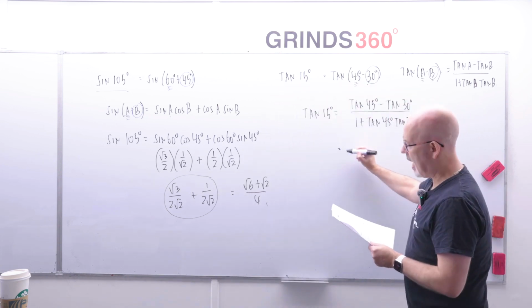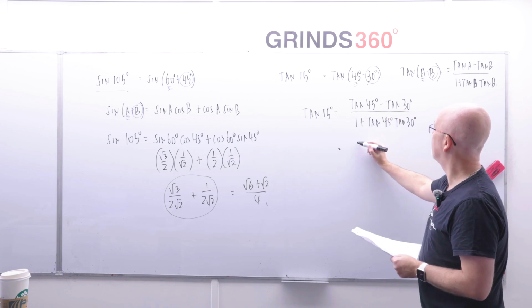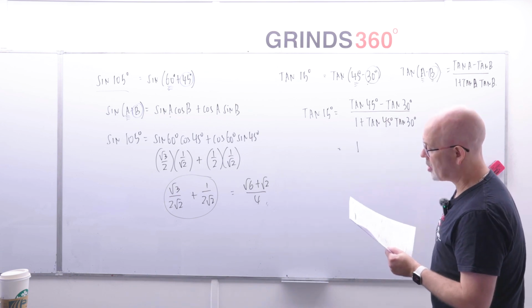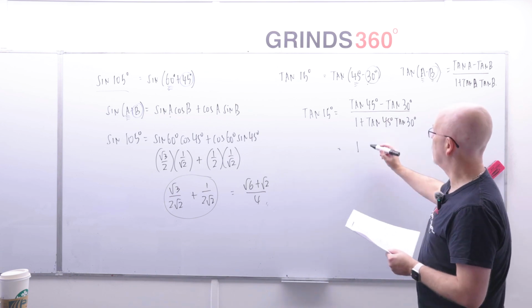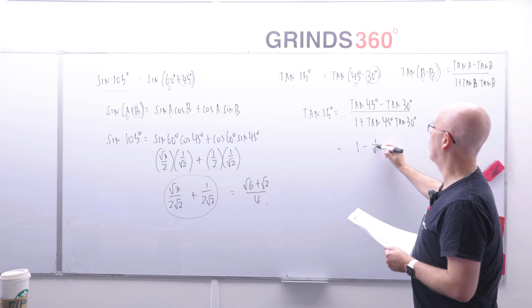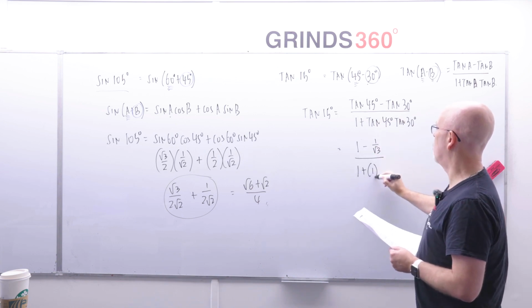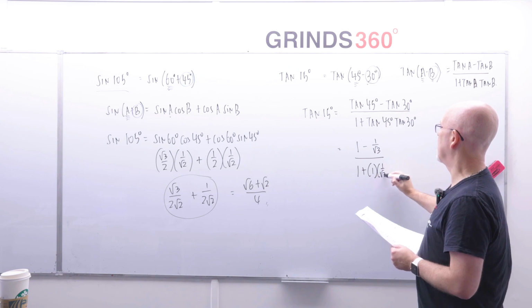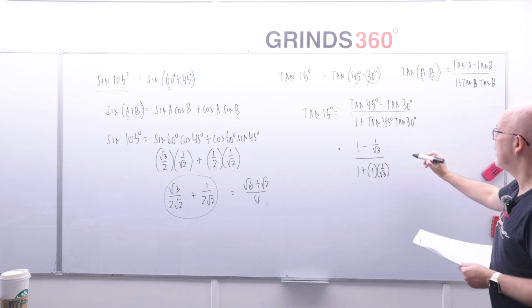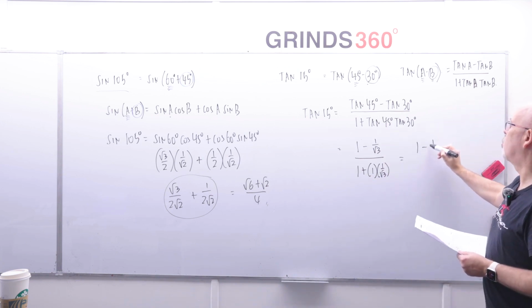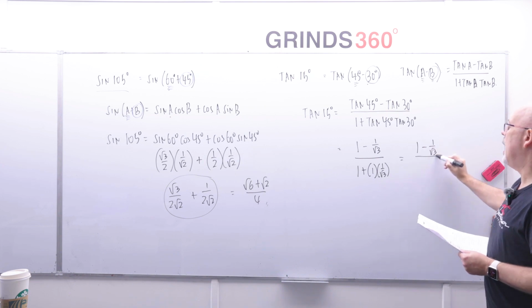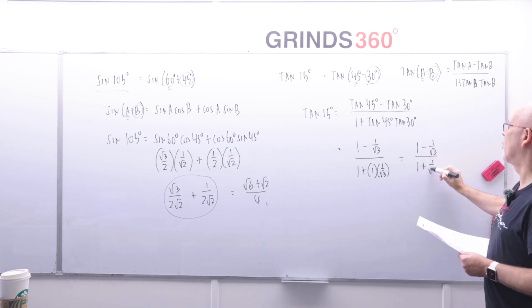Okay, so tan of 45 degrees, you'll notice, is 1. Tan of 30 degrees from the table is 1 over root 3. So it's 1 minus 1 over root 3, over 1 plus tan 45 degrees is 1 times 1 over root 3, like that. Okay, so I get 1 minus 1 over root 3 and 1 plus 1 over root 3.